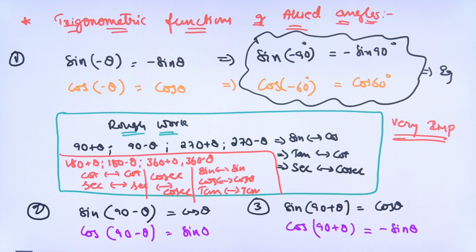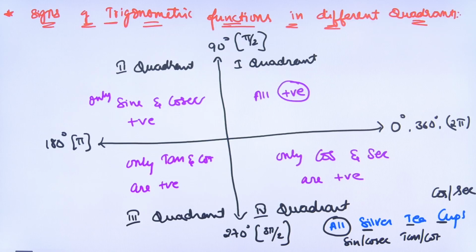And whether it should be sine or cos, the sign depends on this rule, students, whatever I said to you in this green box. Clear? So whether the answer will be positive or negative depends on this, whatever I am showing you on the screen now.